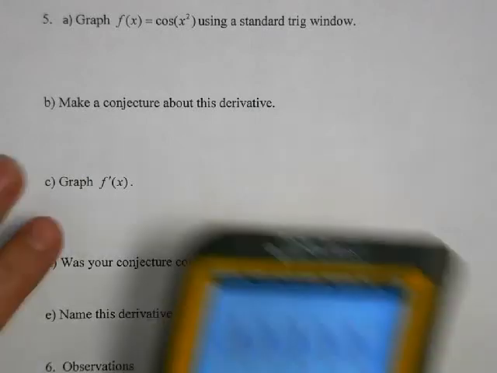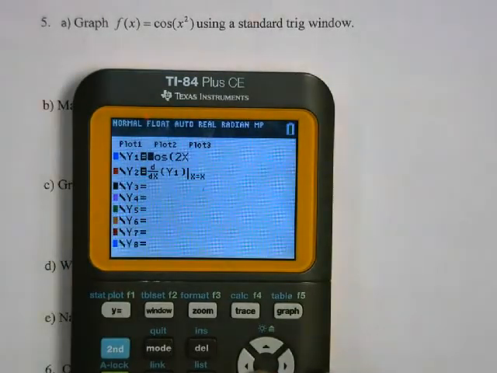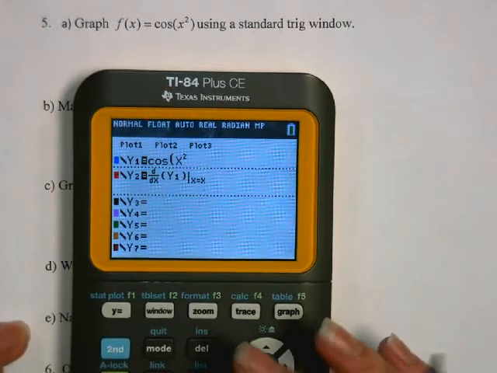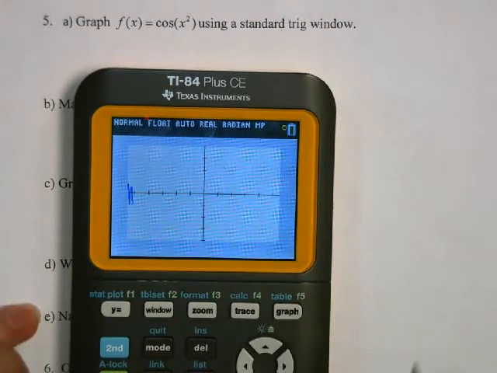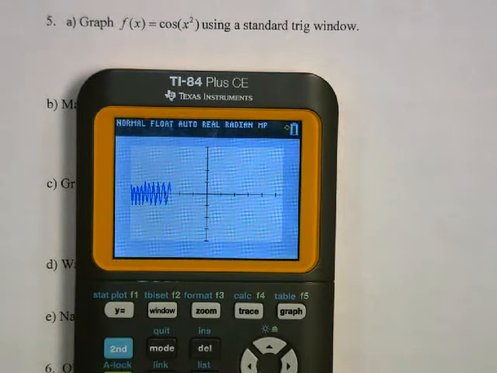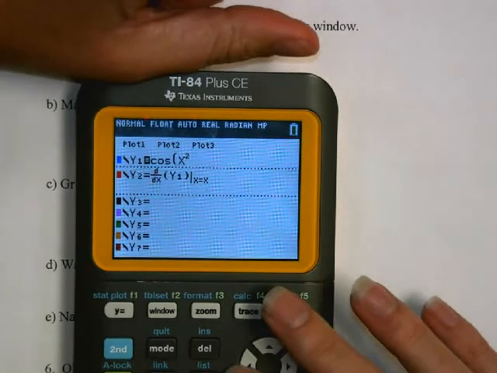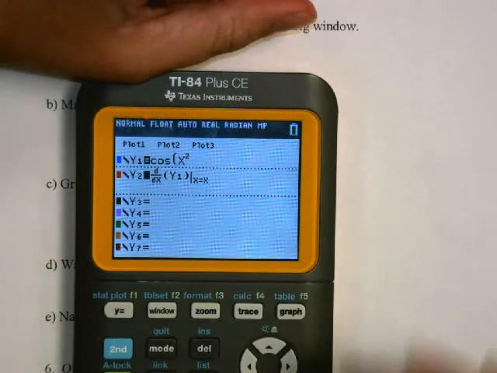All right, let's try another composite: cosine x squared. Again, we don't want to ruin the surprise. This is cosine of x squared, kind of a wacky little graph. You can make your prediction about the derivative. Let's graph the derivative.